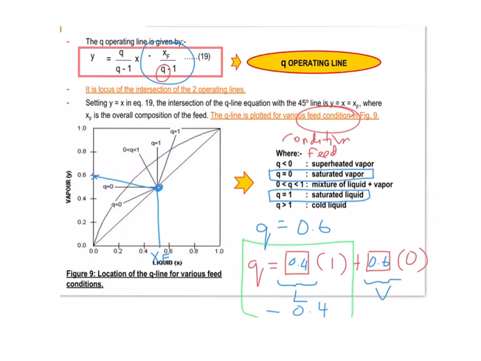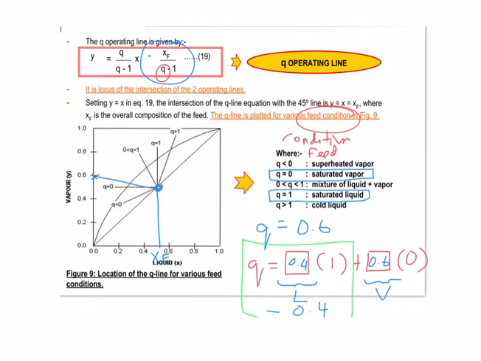Bear in mind that the Q operating line will be drawn starting from the mole fraction of the feed. You just draw a vertical line at the mole fraction of the feed until it reaches the 45-degree line, and then you calculate the position of the y-intercept of your Q operating line.